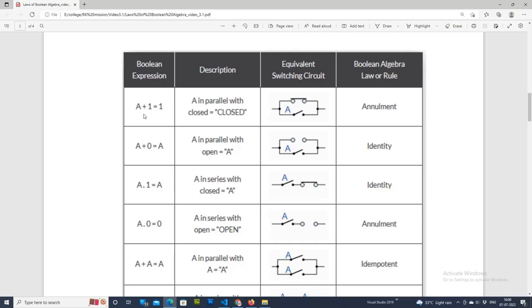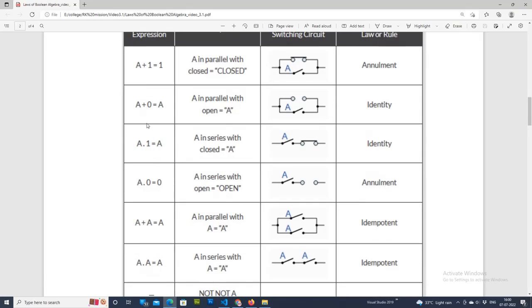So A plus 1 equals 1. We all know that: A in parallel with a closed circuit. In the equivalent switch circuit, here we have a closed circuit and an open circuit, and it is all annulment.